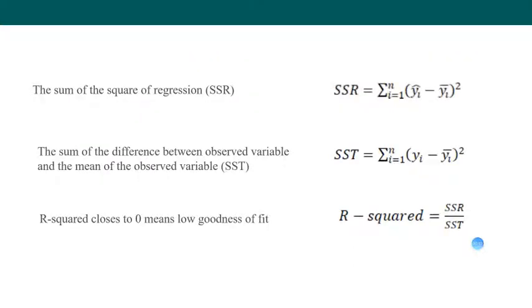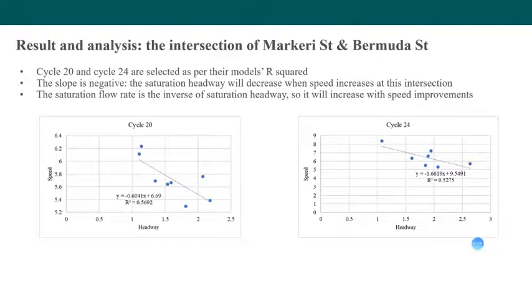We calculate the sum of squares of regression, the sum of the differences between the observed variable and the mean of the observed variable. Based on these results we get the R-square of the proposed model.